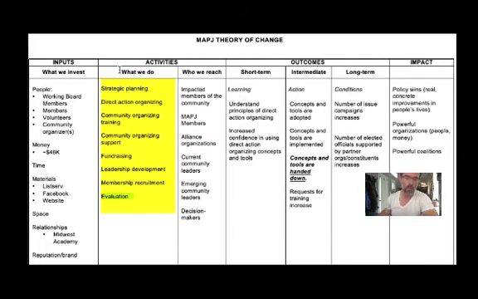And so those are the things that we do, and we hope that when we do those things, that we're reaching impacted members of the community. That might overlap with MAPJ members, but we definitely want to reach MAPJ members. We involve them in all of this work at different levels. We want to reach alliance organizations. The People's Forum is a really good example of that. Current community leaders, again, People's Forum is a good example of that.